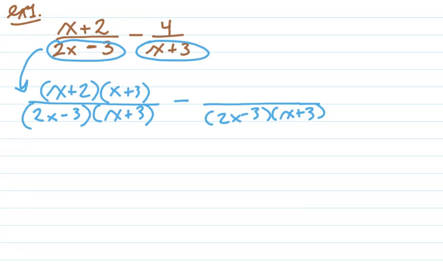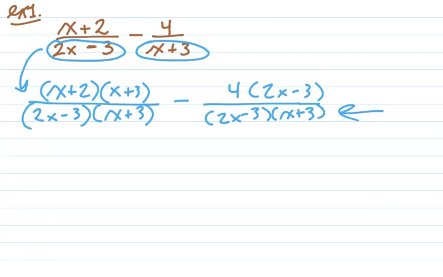All right, next term. Okay, we started out with a 4. Now, what did we multiply this denominator by to get 2x minus 3 times x plus 3? Well, we already had the x plus 3, so we multiplied it by a 2x minus 3. Okay?